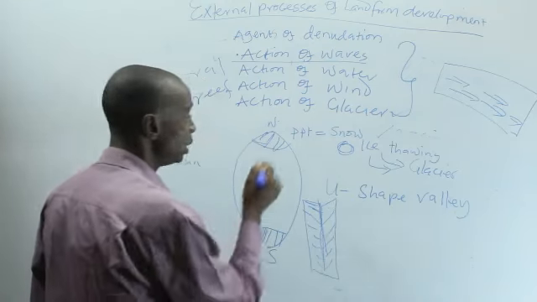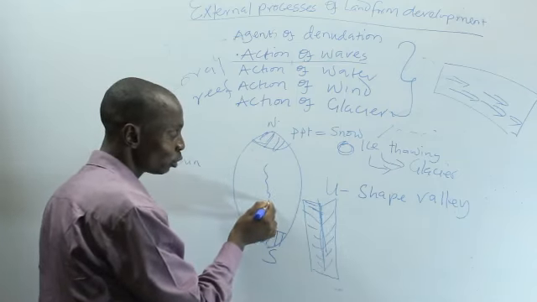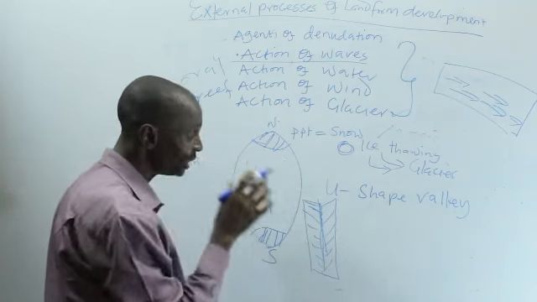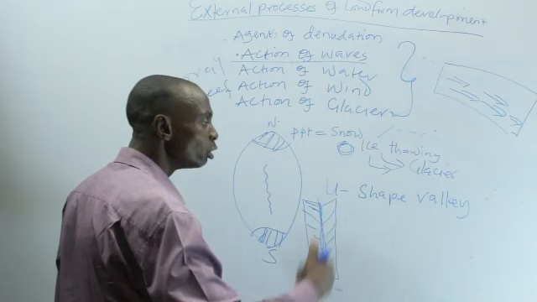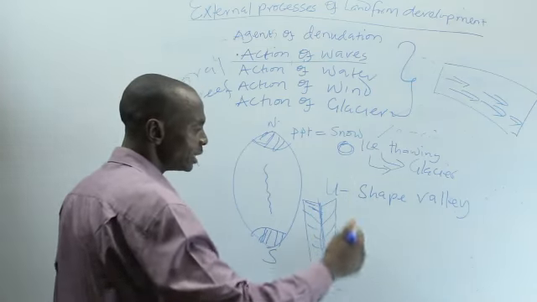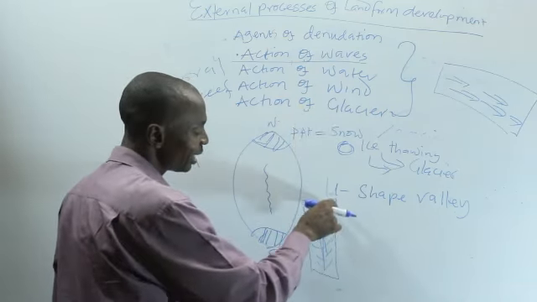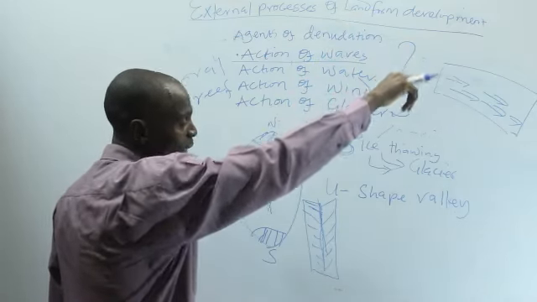Remember, even if it is ordinary water flowing on the ground, that water must carry material, and as it carries the material, it either drags the materials on the ground, rolls it, or the material will be jumping. As it jumps, rolls, or drags on the ground, these materials will produce the features. We are talking about landform development on the ground.